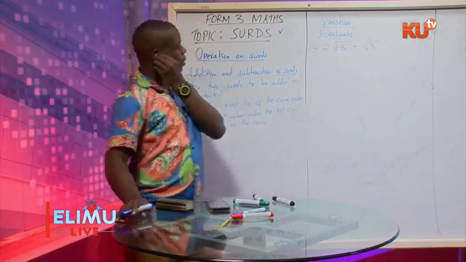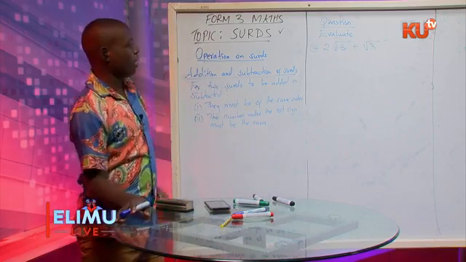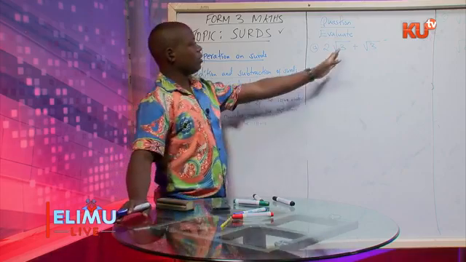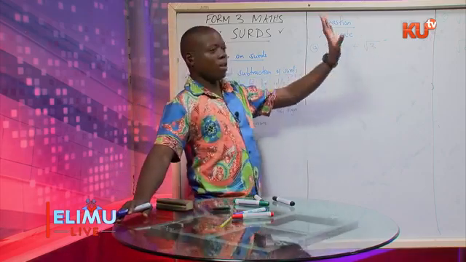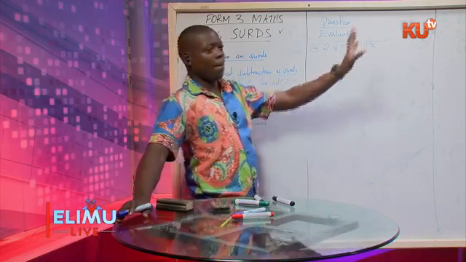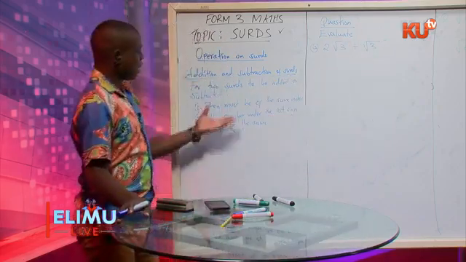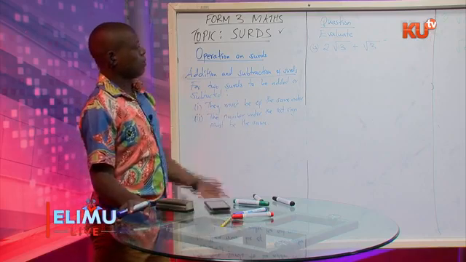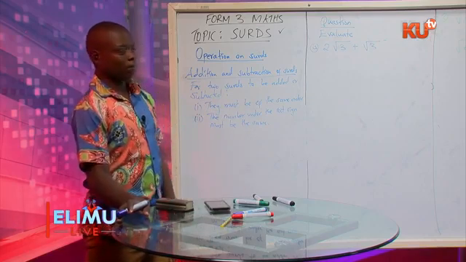Why? Because these two surds are of order 2. This is root 3 and this is root 3, that is order 2. Again, the number under the root sign is 3 and 3, meaning that these two surds follow this principle for addition of surds.